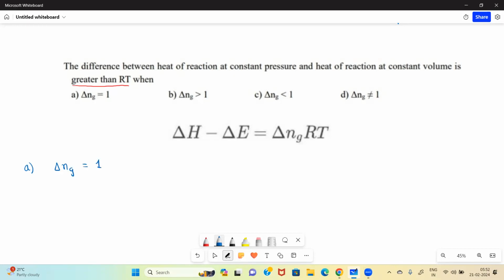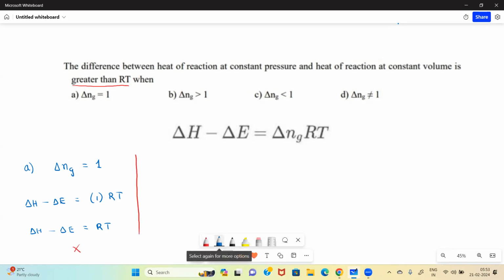When delta Ng is equal to 1, the equation becomes delta H minus delta E is equal to 1 times RT. Therefore, you can see the difference is equal to RT, correct? But we want the case where it is greater than RT.